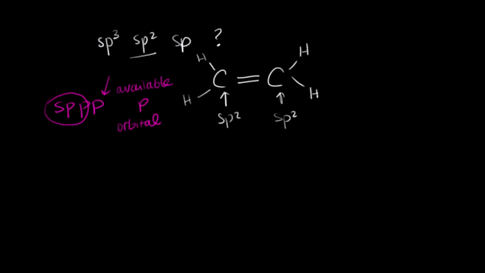This is really important if you want to form a double bond, because in order to have a double bond, you have to have an available p orbital on both of the carbons. And that interaction between those p orbitals on each carbon, that's your pi bond.